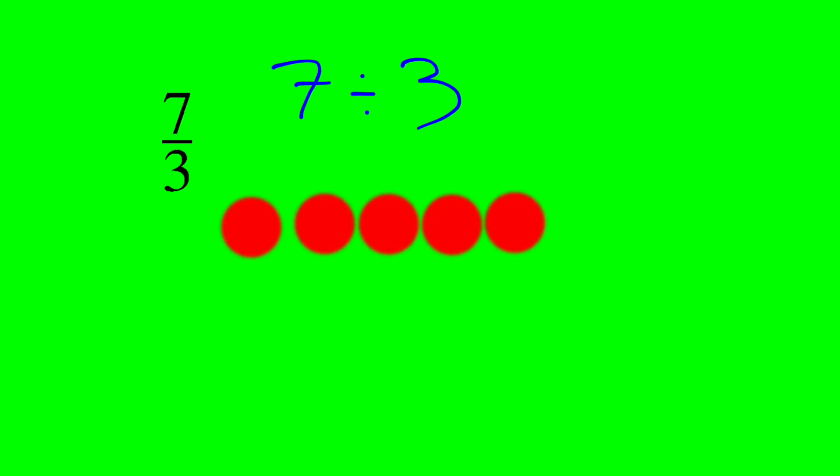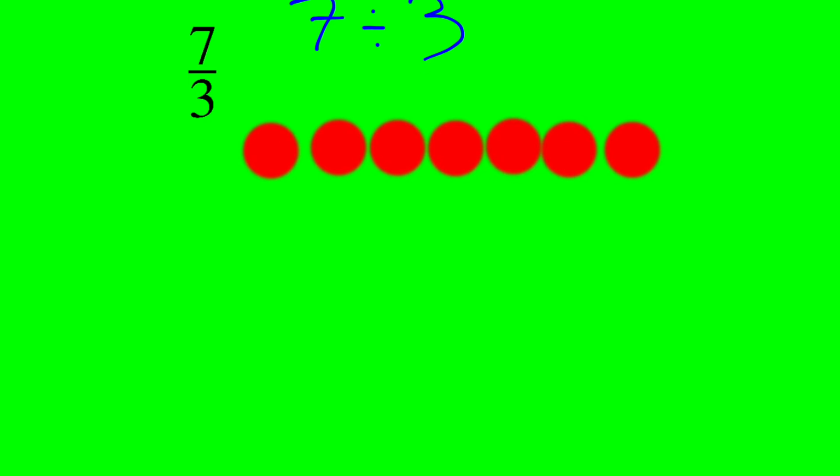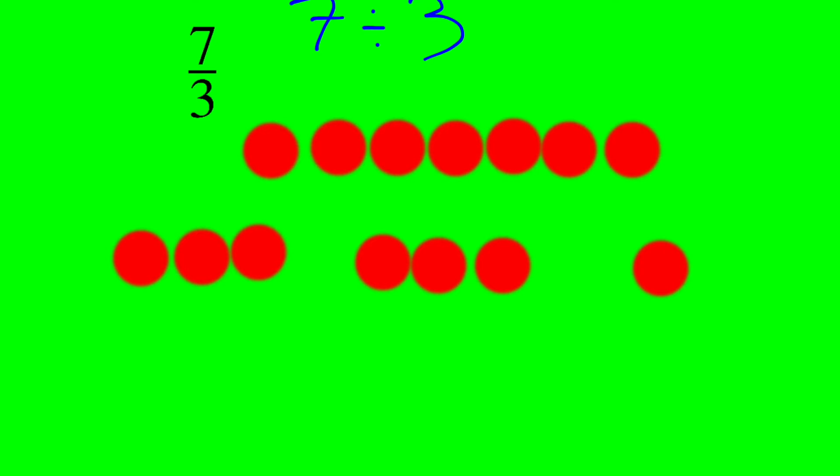So if we had 7 over 3, this is like 7 divided by 3. That's one meaning of that. And so if we wanted to show what 7 divided by 3 looks like, we'd want to know how many groups of 3 are inside of 7. So we could take 7 counters and see how many groups of 3 are in 7. Well, I count one full group of 3, I count another full group of 3, and then I'm left with one left over.